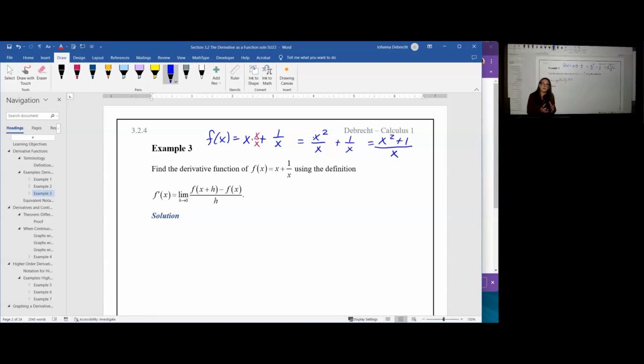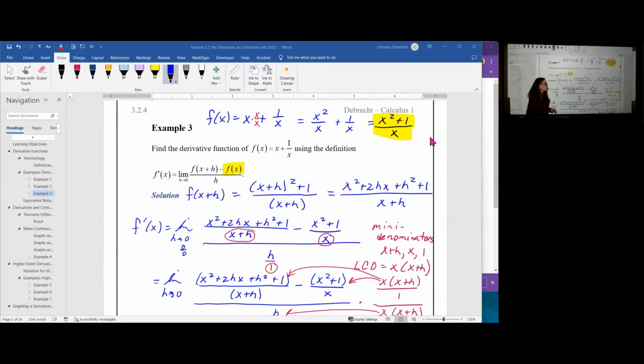Now that we have it in one combined fraction, go ahead and try to find the value of the derivative function by taking the limit of the difference quotient. Pause the video now, and then we'll check our results.